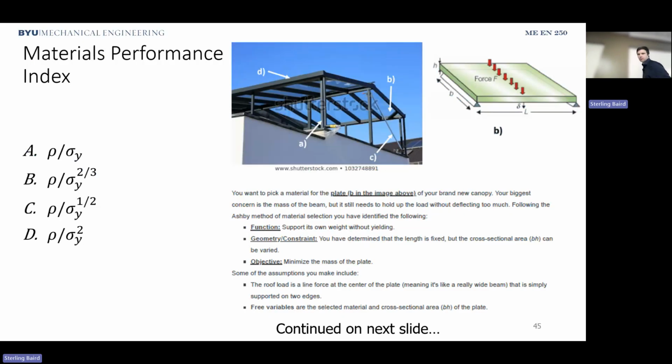Maximum bending stress in the plate is given by this equation: sigma equals F times L over 8I, and the area moment of inertia I equals B times H cubed over 12.